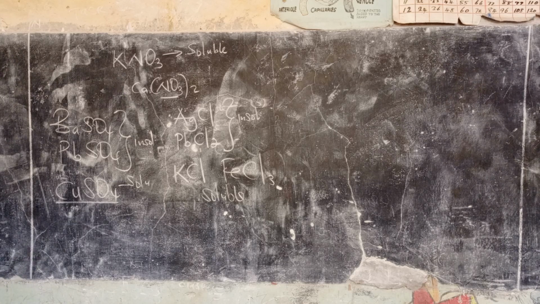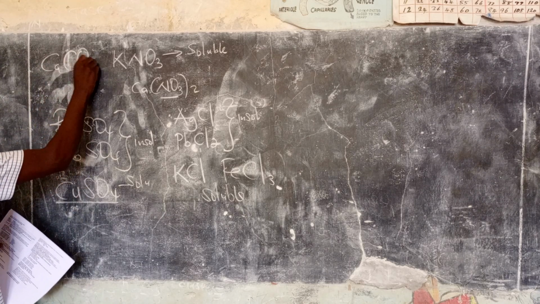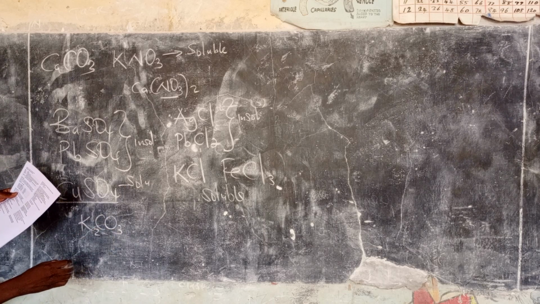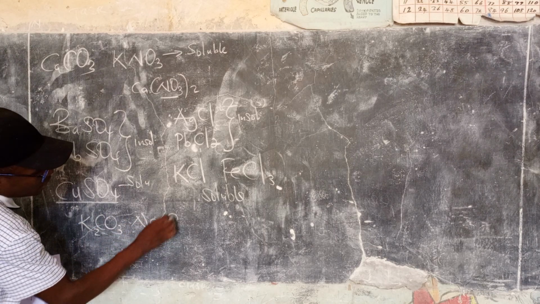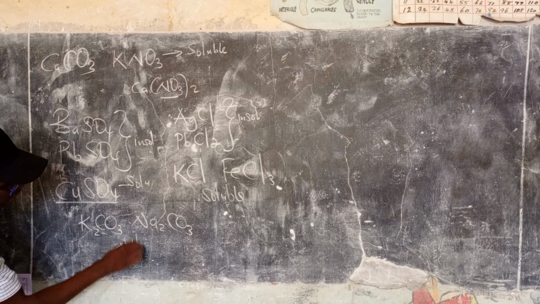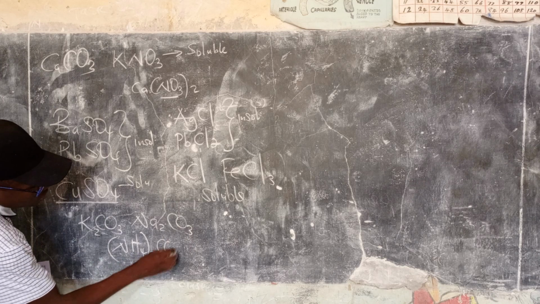Carbonates. All carbonates are insoluble except a few. What if I have calcium carbonate? Is it soluble or insoluble? Let's understand: all carbonates are insoluble, except potassium carbonate, sodium carbonate, and ammonium carbonate, (NH4)2CO3.